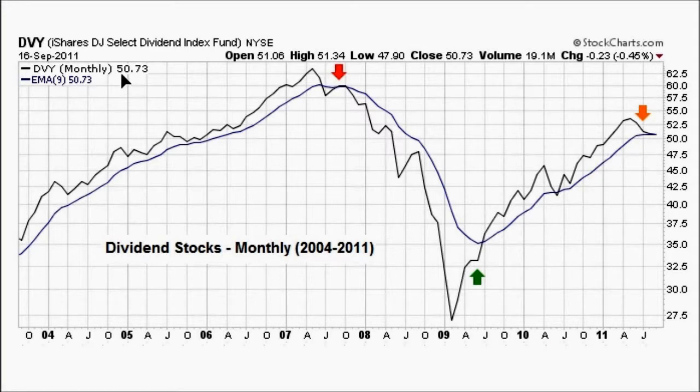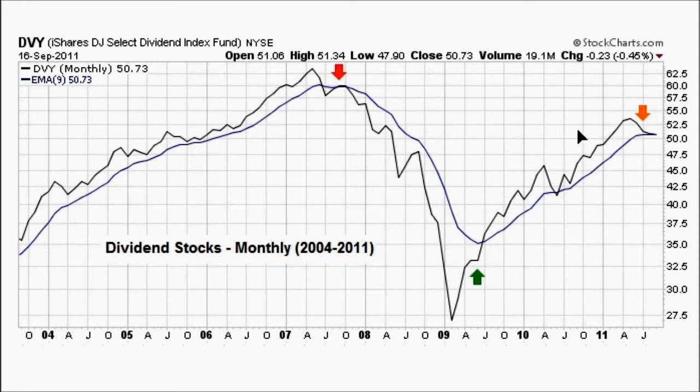As you can see, last week we closed at 50.73, which is this number, which means we're sitting right on the 9-month exponential moving average. The exponential moving average is flat now. If price drops below 50.73, the odds of this thing rolling over will increase, and we're very, very close to moving back to a sell signal.